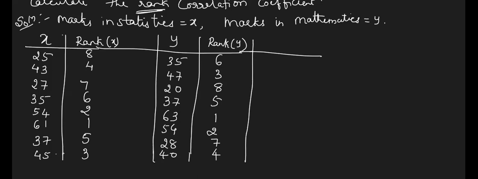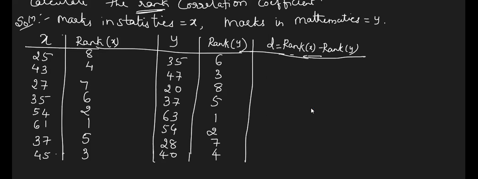Now you need to take one quantity which is called the difference D. This D is nothing but X minus Y. D has to be taken as the difference between rank X and rank Y. This is important.